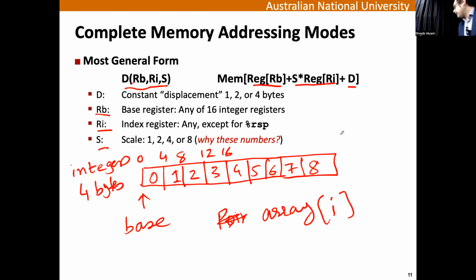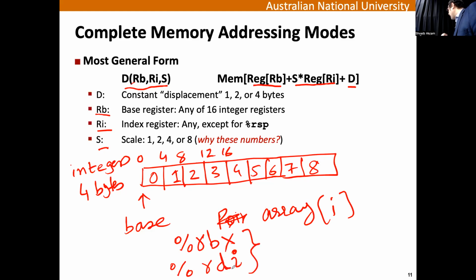So suppose that the base address is in register RBX, and the index I is in RDI. And I want to get array I, the byte address.